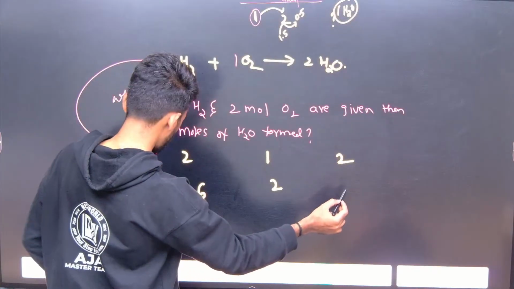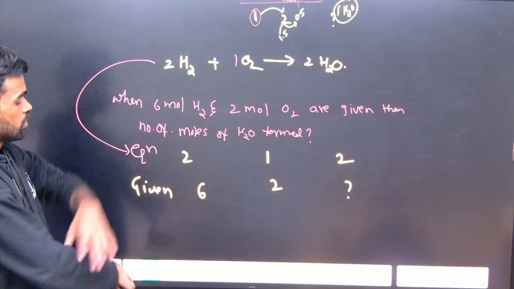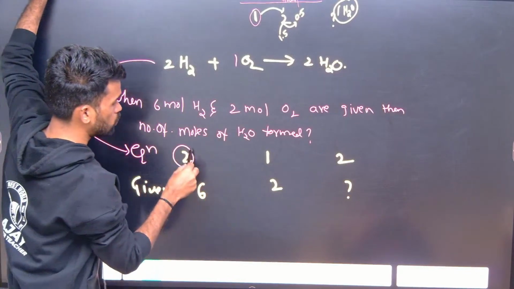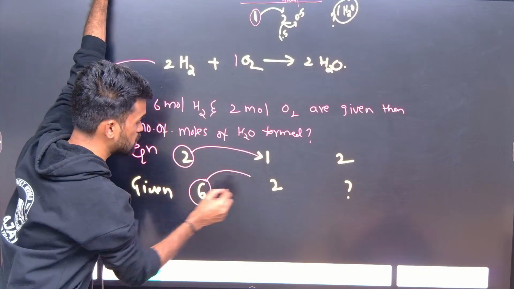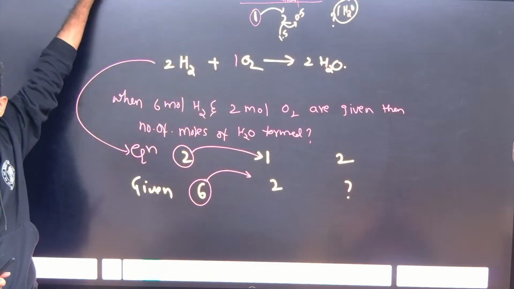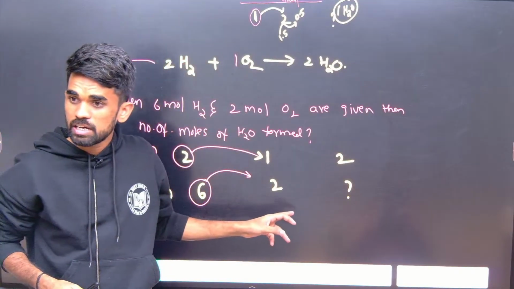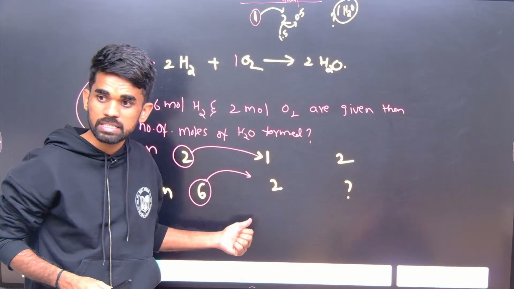How many moles of water are formed? Now tell me, for 2 moles how many moles are required? 1 mole. For 6 moles, how many moles are required? 3. But do we have 3? No. It is lesser than our requirement. Our requirement is 3, but here it is 2.